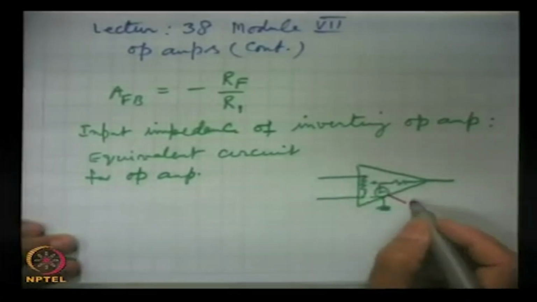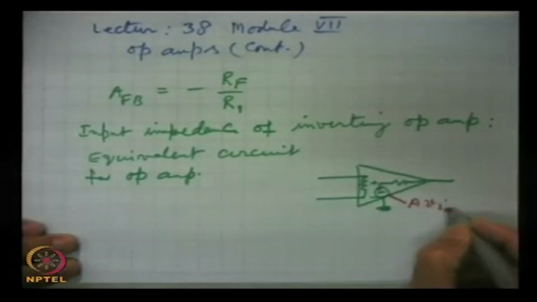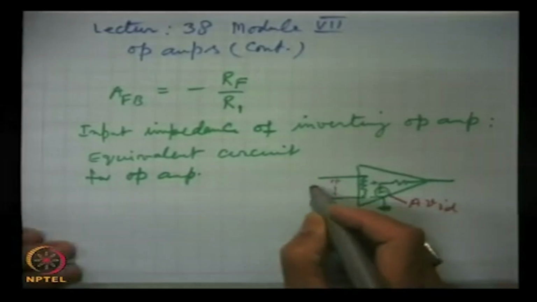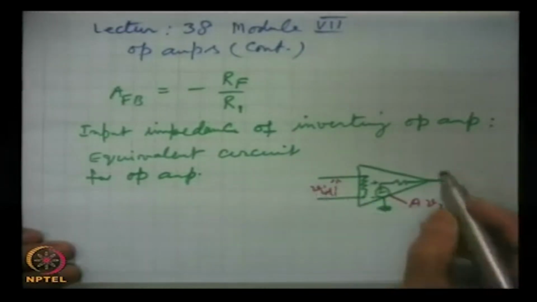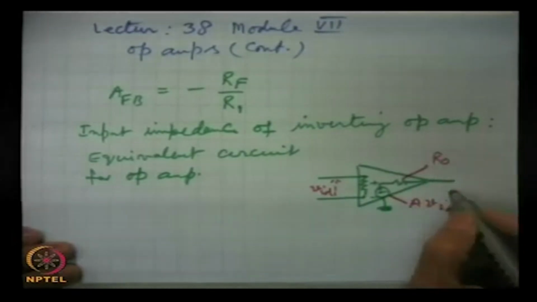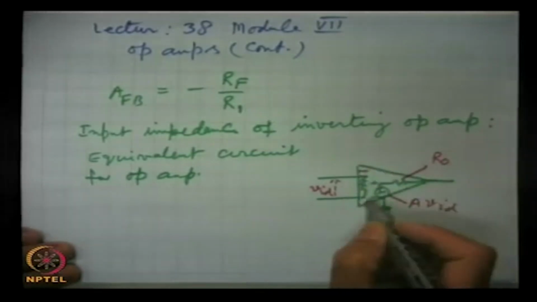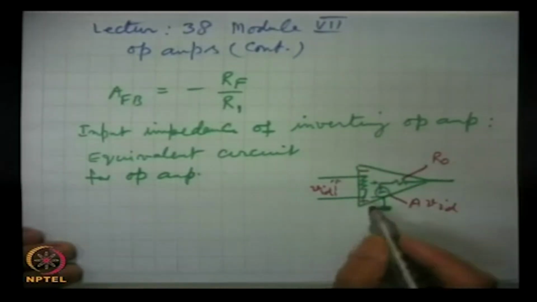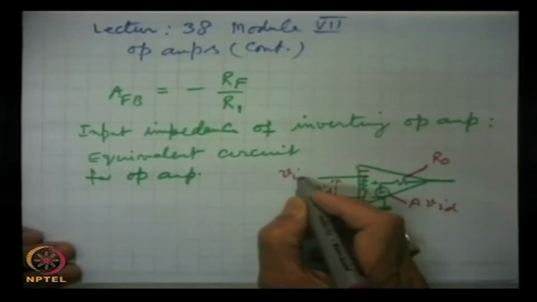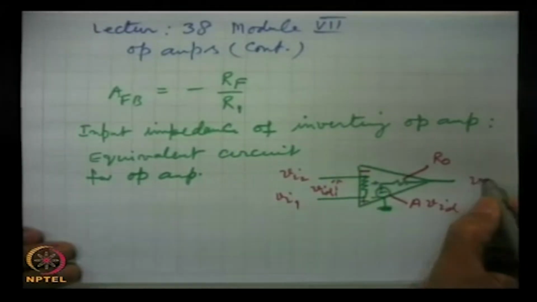This is the voltage source, where this is VID, and this resistance is RO, the output resistance, and this is the inverting input, and this is the non-inverting input, and here we give the signal Vi2, Vi1, and we take V out here.